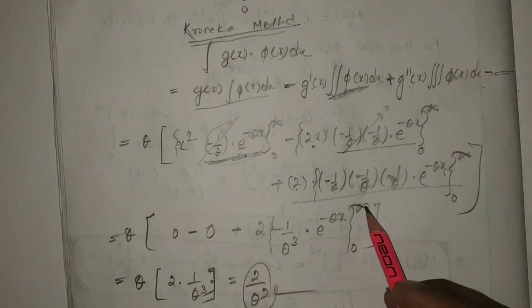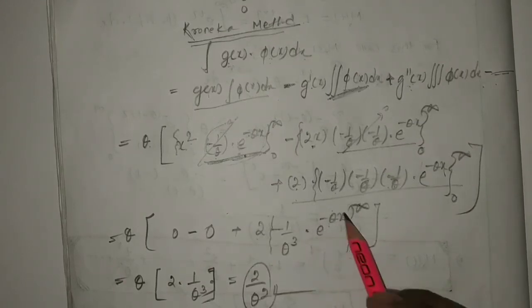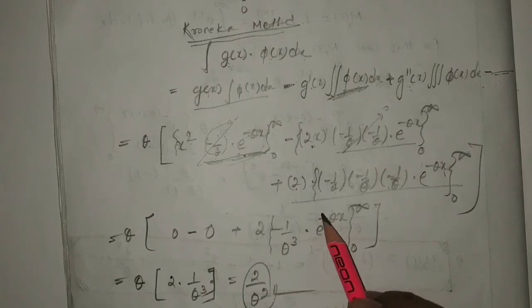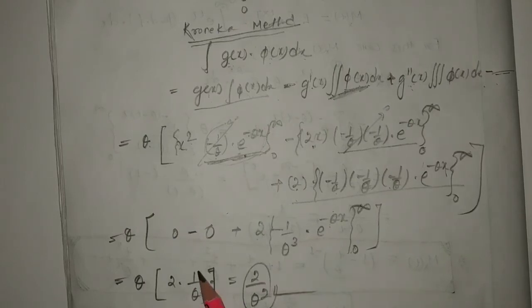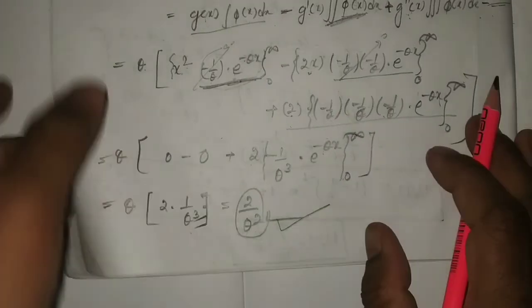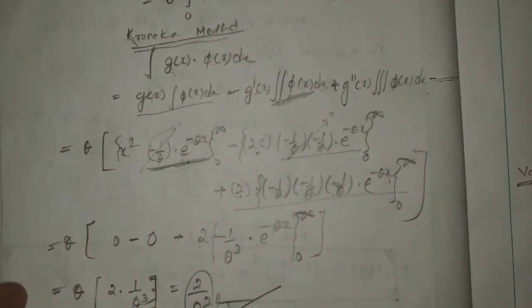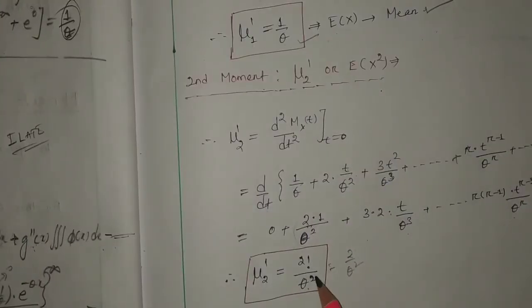Putting infinity, it will be 0; minus, at 0, e to the power 0 will be 1, so minus 1, and with the minus there we get plus. So plus 2 into 1 by theta cube, which is nothing but 2 by theta square, which exactly matches your earlier answer. Okay, 2 by theta square.